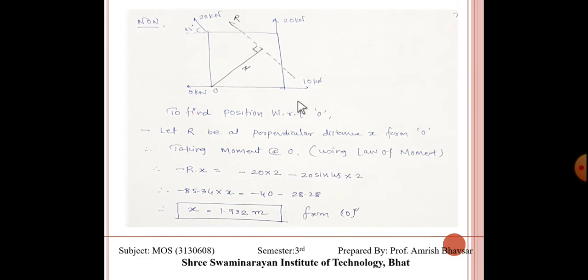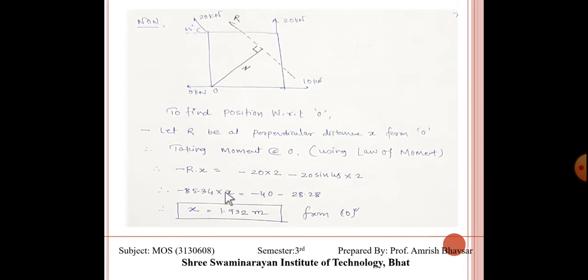These two forces can't produce moment. Again, this vertical force can't produce moment. Only the horizontal force produces moment, equal to minus 20 cos 45 into 2 meter, and this 20 is again anticlockwise. So these two both create anticlockwise moment.